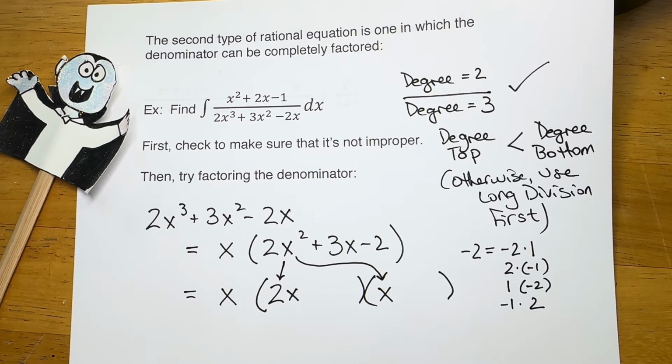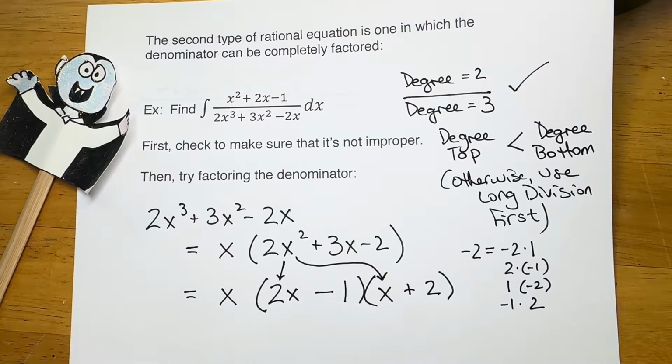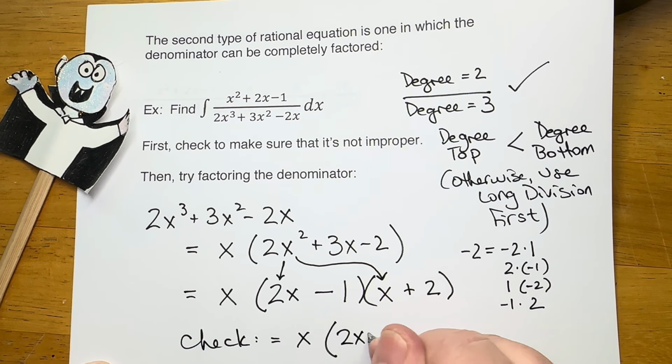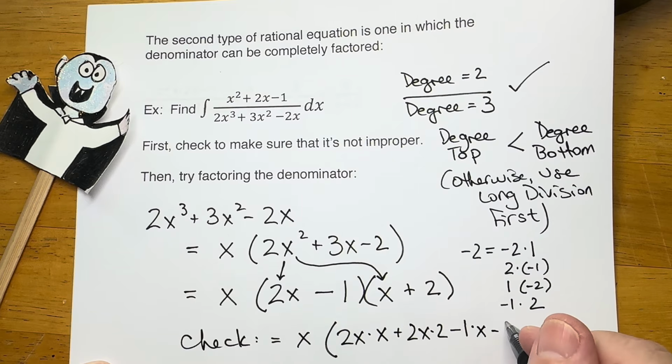Through the magic of television, I actually know that it's going to be a minus 1 here and a plus 2 there. Let's double check. So I use FOIL: 2x times x, 2x times 2, negative 1 times x, negative 1 times 2.